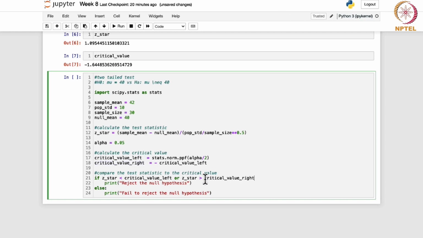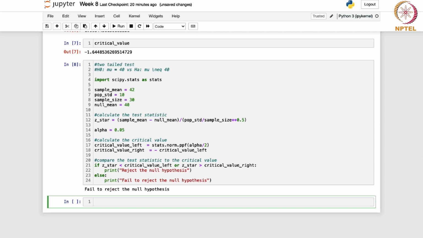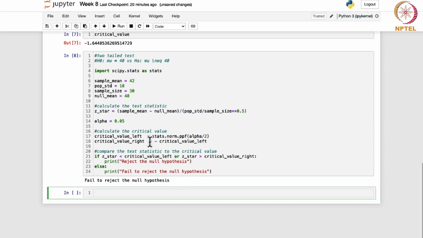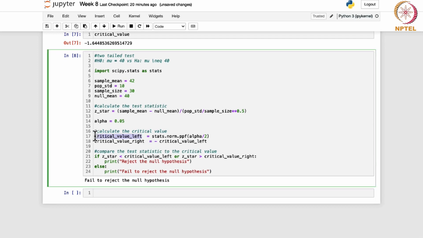Okay, you consider on either side. If any of these conditions is satisfied, right, if z star, that is your test statistic, is less than the left tail critical value or it is greater than the right one, you will print reject the null hypothesis, else you would fail to reject the null hypothesis. Okay, so again here also you fail to reject the null hypothesis. So let us see what are these values.